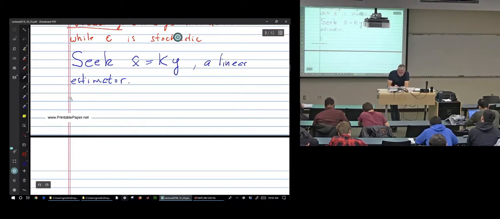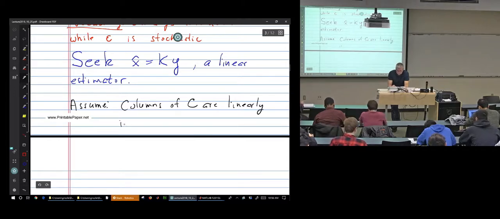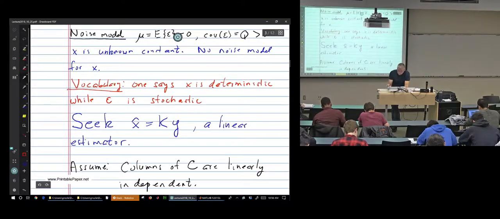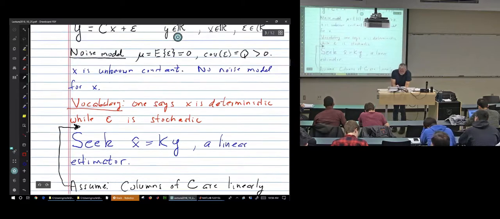I mentioned this, but I forgot it. I wish I had done it first. We're going to assume the columns of C are linearly independent. I really would have liked to have had this as still part of the problem formulation, but that's life.